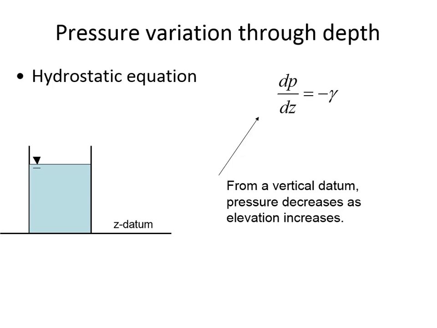So if we're going up 100 meters in air, the delta Z is 100 meters. The negative gamma is about 10 newtons per meter cubed. And so that means that the change in pressure is going to be 1,000 newtons per meter squared. That's 1,000 pascals as you go up.